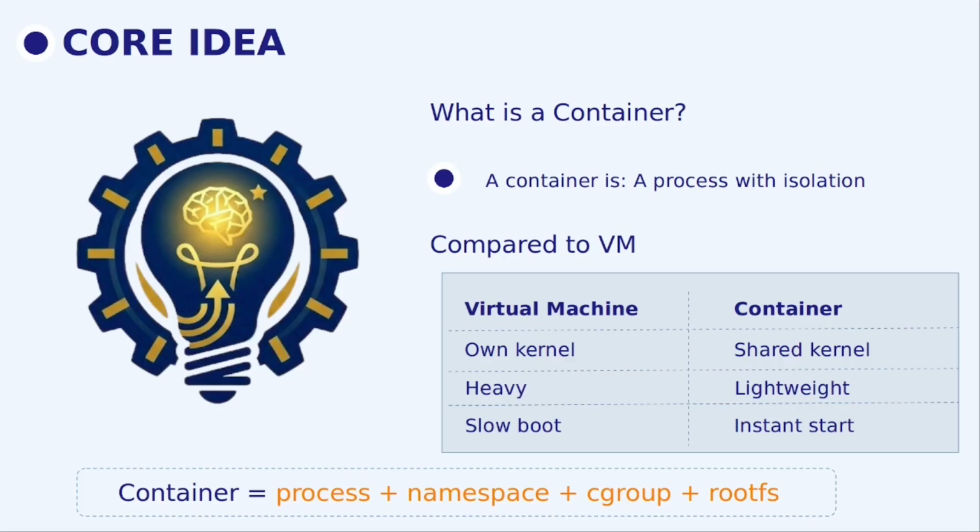Virtual machine boot time is 30 seconds, container start time is 30 milliseconds. This leads us to the key formula: container is process plus namespace plus cgroups plus root filesystem. If you understand these four components, you understand Docker.